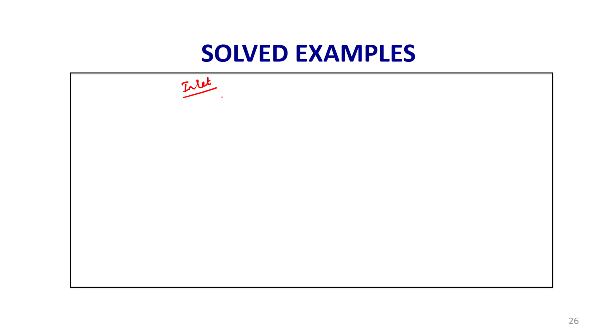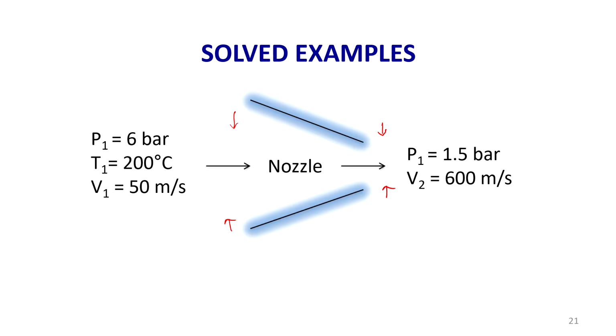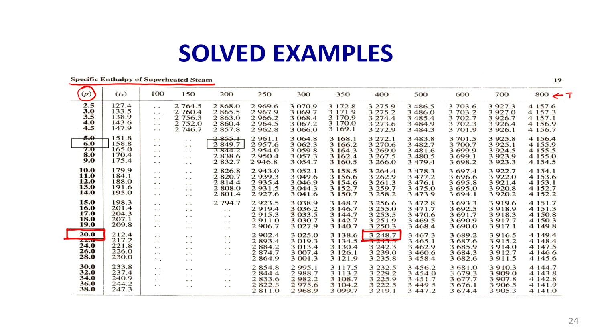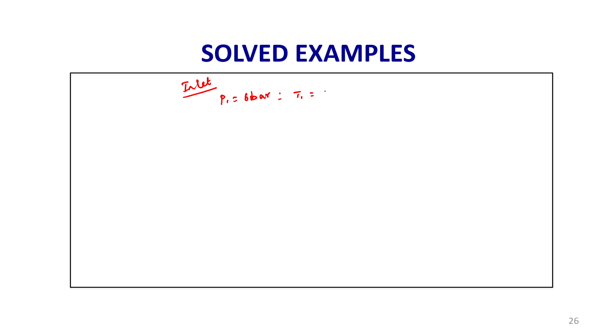Inlet pressure is 6 bar, temperature is 200 degrees centigrade, velocity is 50 meter per second. This is the inlet condition.